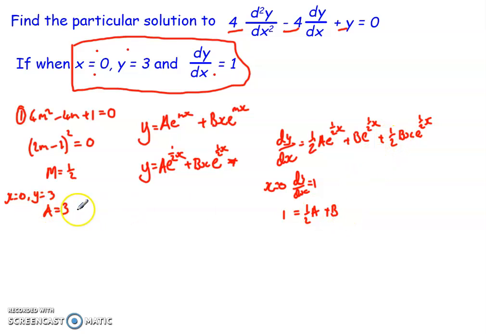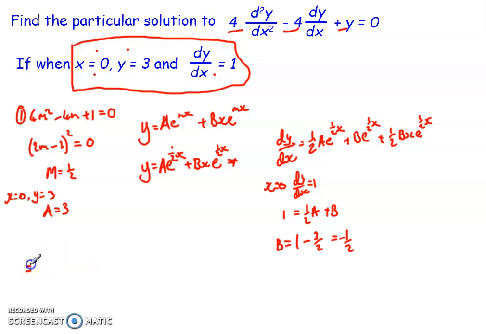Now, at this stage, I know that a is equal to 3, so I can just substitute it into here. So I can simply say that b is equal to 1, take away a half a, so it's equal to 1 minus 3 times a half, so take away 3 over 2, which is just negative a half. So that's my initial condition used to get me my coefficient b.